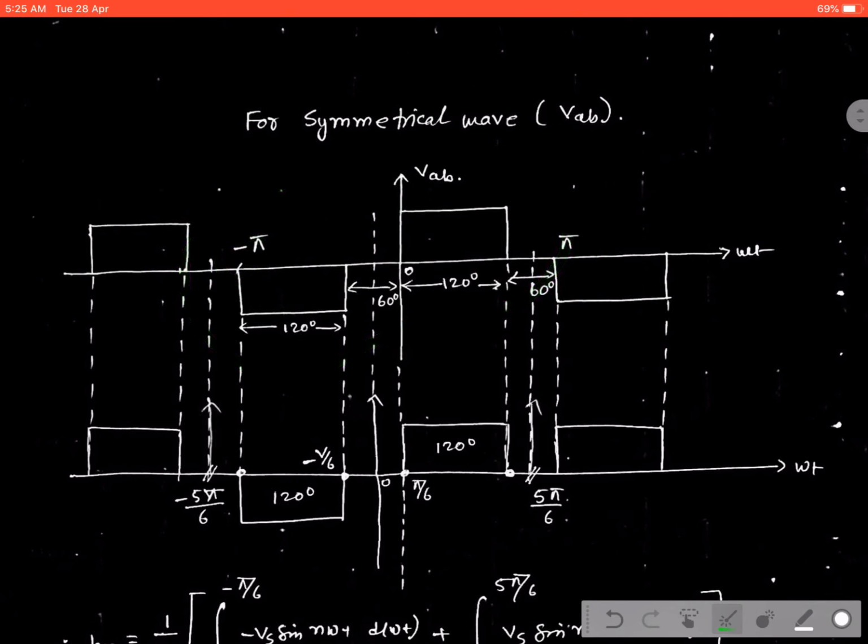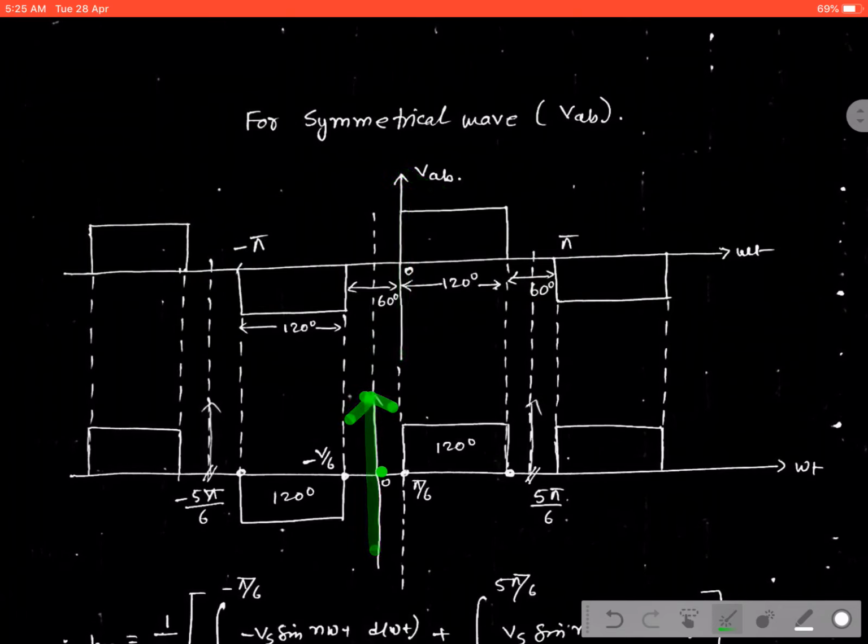To make this waveform symmetrical, we can shift the axis from this side to this side. That means this difference is 60 degree. We have taken the mid half of this one and shifted the axis from this one to this one.